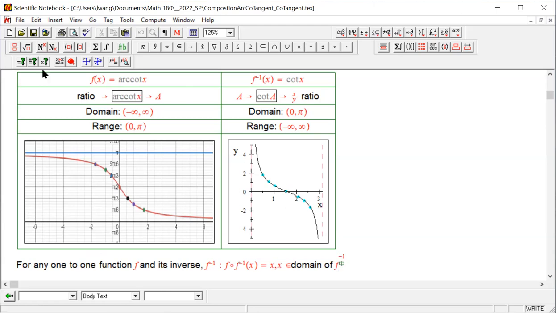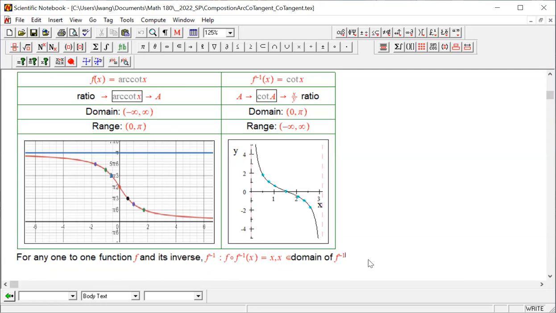Okay, great. So these two identities are going to be true.